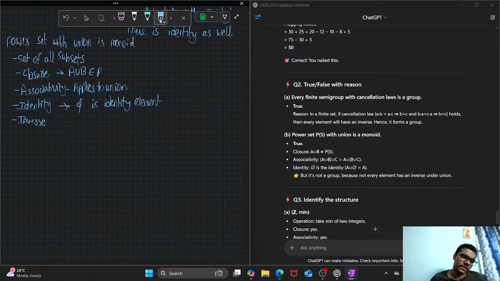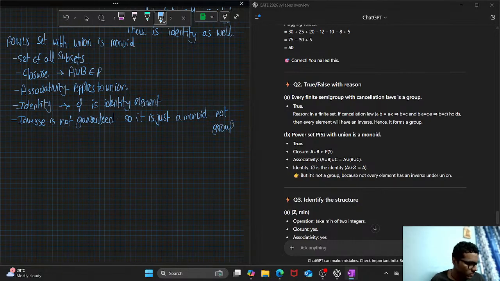Inverse is not guaranteed. So it is just a monoid, not a group.